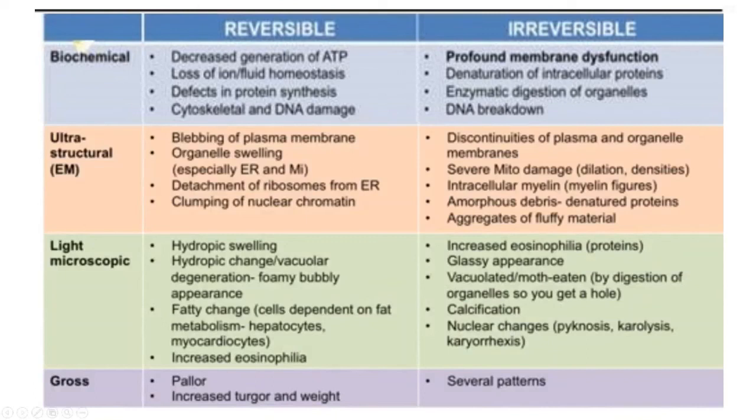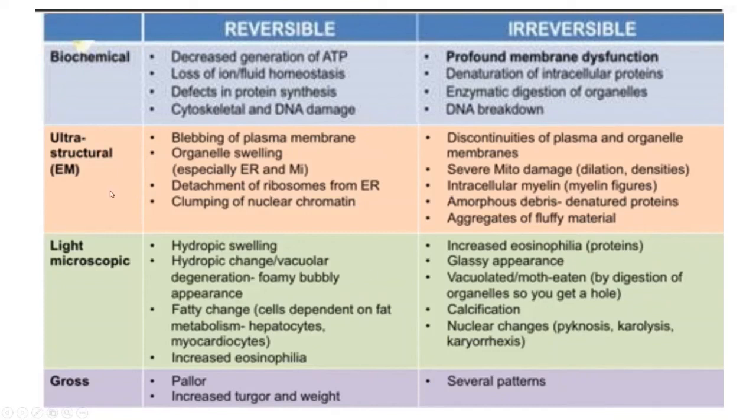While in case of irreversible injury, there will be profound membrane dysfunction, denaturation of the intracellular proteins, and enzymatic digestion of the organelles with breakdown. Everything will be breaking down in irreversible injury. We can hardly see any cell outline, which we see in necrosis.